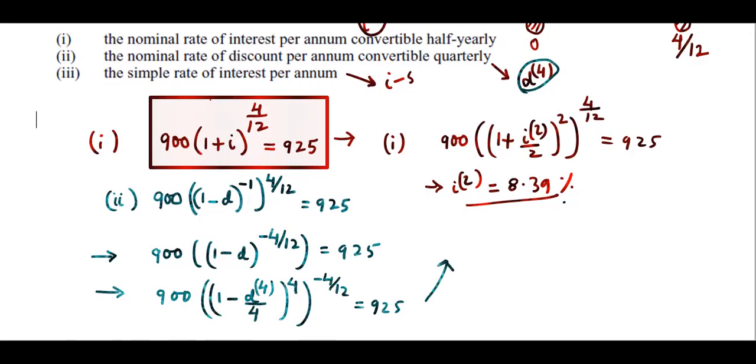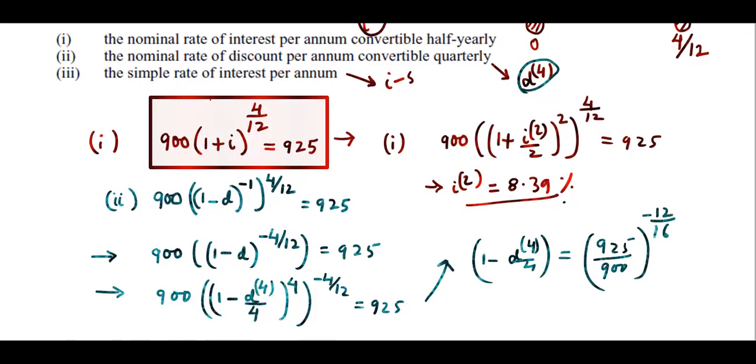That implies this 4 and 4 you have to multiply, right? So here we have power 4 by 12. Again we got 4 here, 16 by 12, whatever it is, minus is also there. So 1 minus D4 by 4 you need to write here is equal to 925 divided by 900. This power minus 16 by 12, here minus 12 by 16. You can cut it also, use a calculator, find its value, then subtract from 1, multiply by 4, you will get D4, that's all.